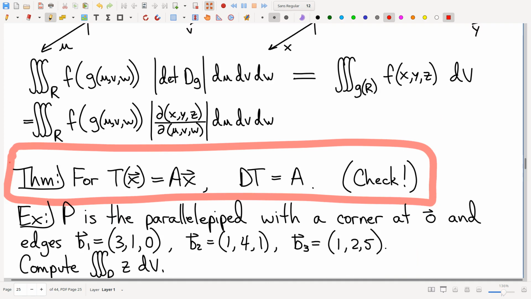That is, if you have a linear transformation, keep in mind every linear transformation can be written as a matrix. Cool fact: the matrix that represents the transformation is the derivative matrix for the transformation also. Kind of weird. Not hard to check. Pretty straightforward, in fact, to check.